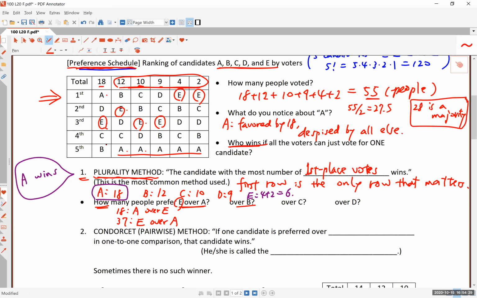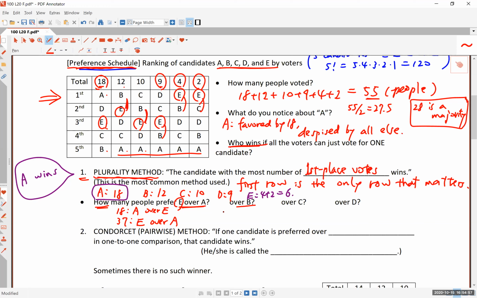Well, E is over B here, so we would mark this column here. E is not over B here because these 12 people prefer B over E. And how about these people? B over E, but these 9 people prefer E over B. And then these 4 and 2 people prefer E over everybody else, right?